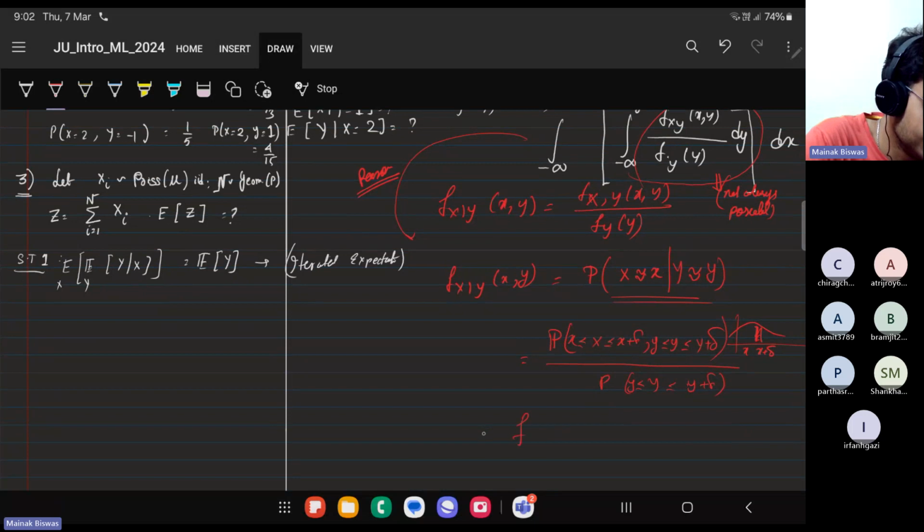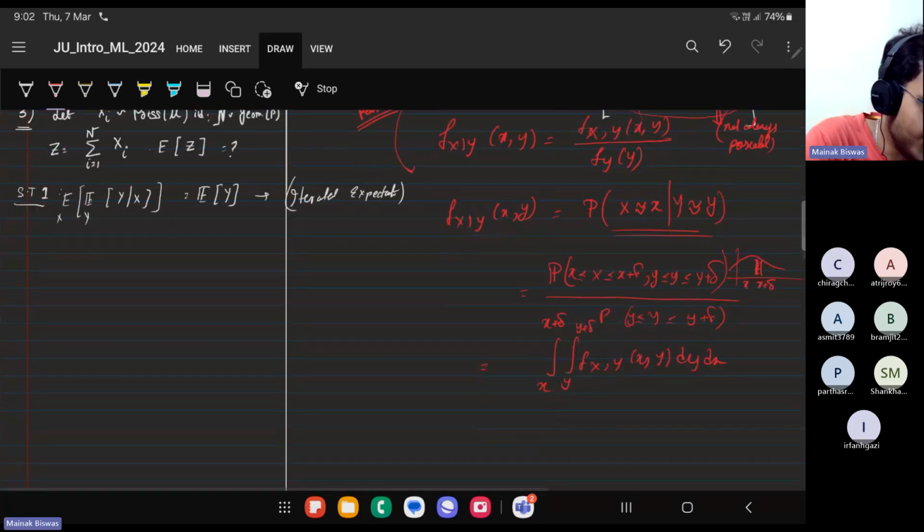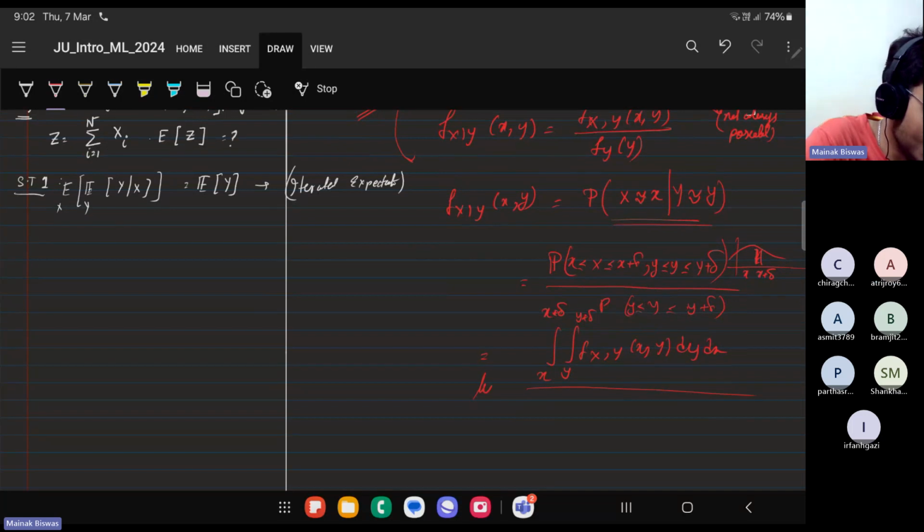It will be the double integral, x to x plus delta, y to y plus delta, of f of x y dy dx. Now tell me, what will that be if delta tends to 0?